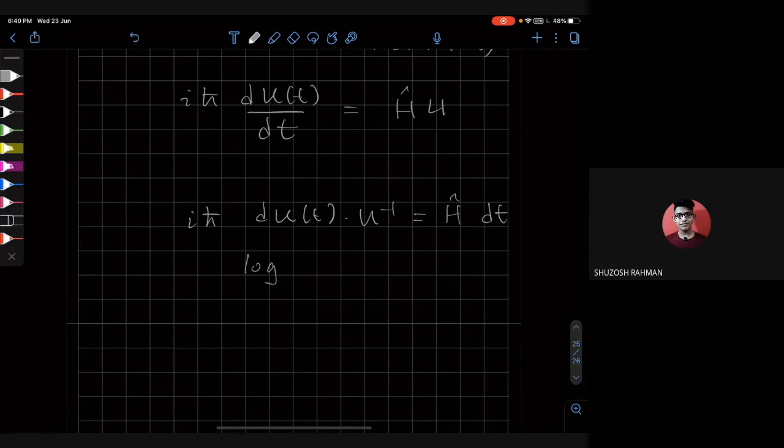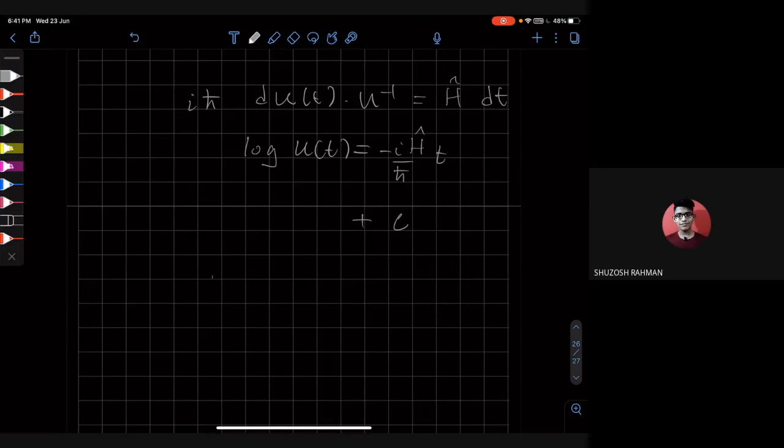If you integrate this equation, you get log of U of t equals minus i by h bar h t plus some constant.